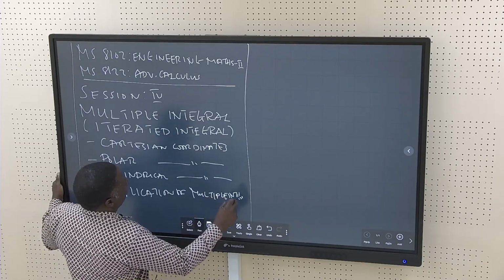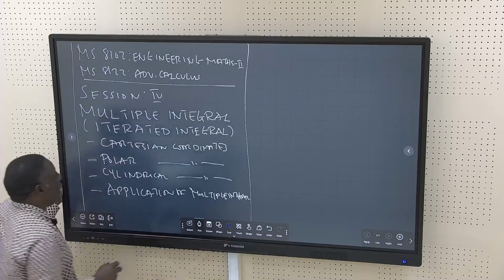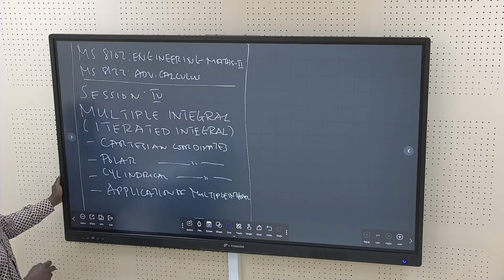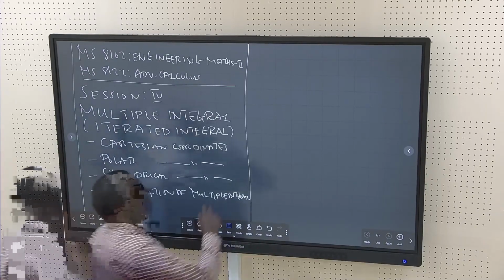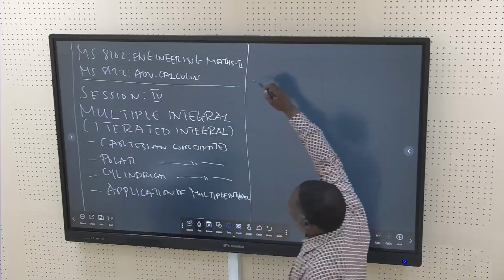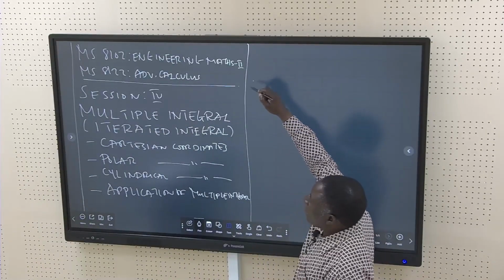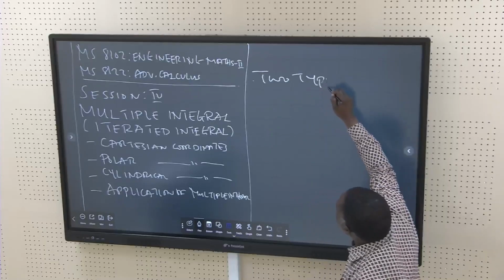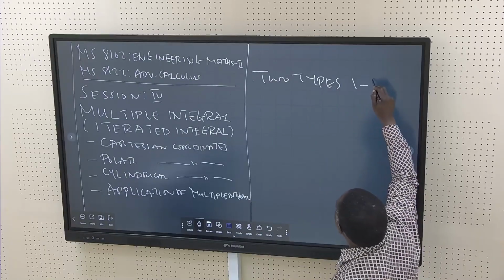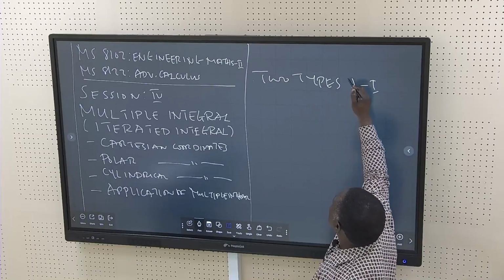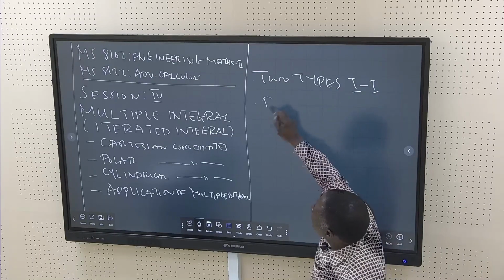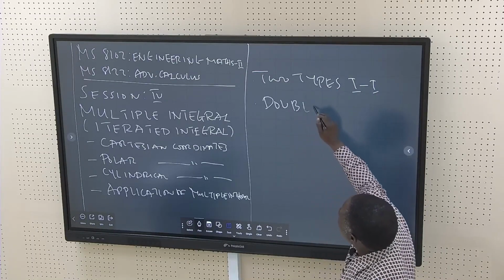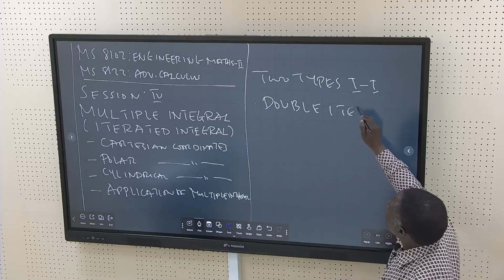Actually, here in multiple integrals, we will normally discuss only two types of iterated integrals. The first one is double integrals.